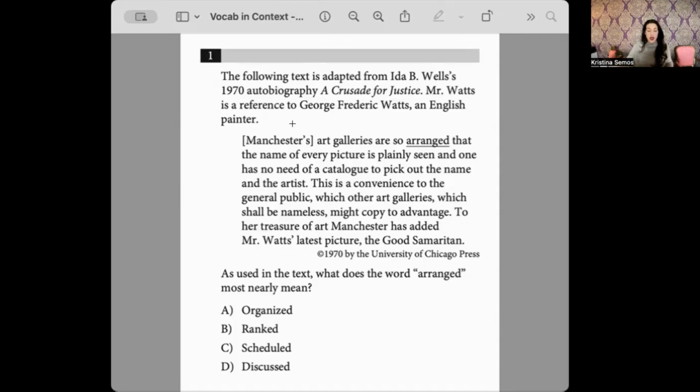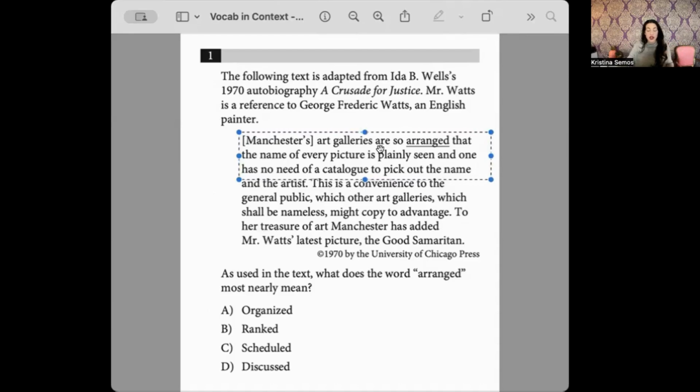So number 1, we read the sentence that has the word underlined in it, and we read it as it is. Manchester's art galleries are so arranged that the name of every picture is plainly seen, and one has no need of a catalog to pick out the name of the artist. Step 2, read it again, but this time the word blank.